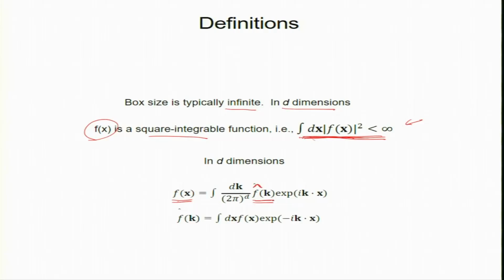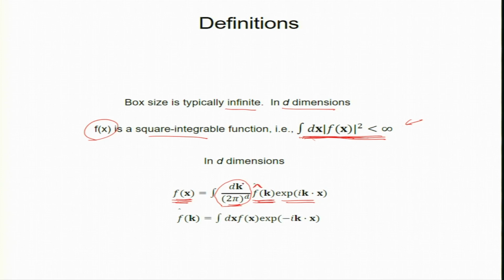So, we can go from Fourier space, f hat of k, to real space, where the function can be complex, by multiplying by exponential of i k dot x, a dot product, and integrating with dk divided by 2 pi to the power d. This 2 pi to the power d is because of normalization.